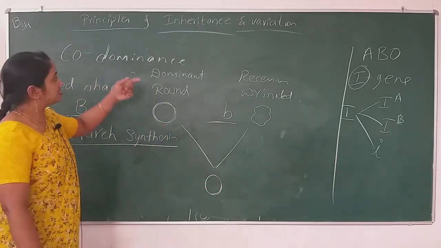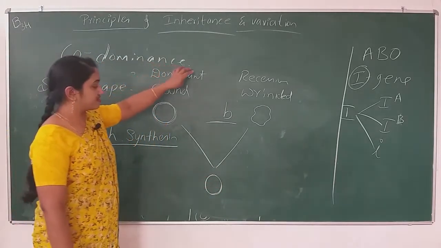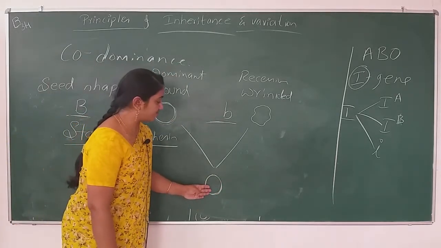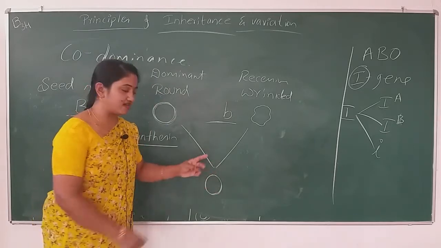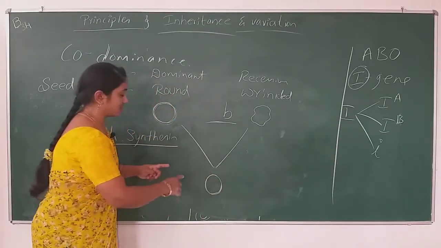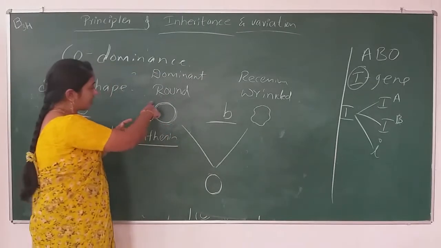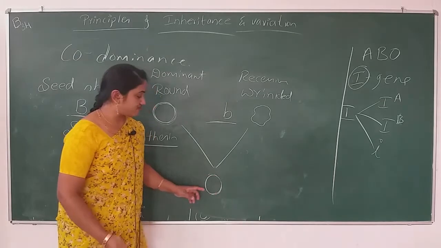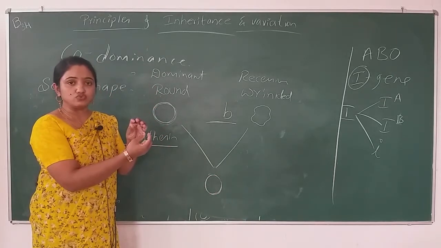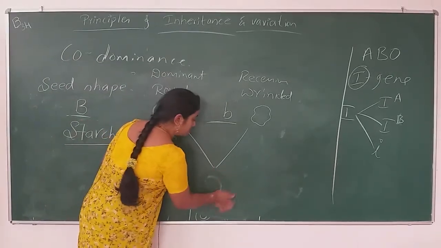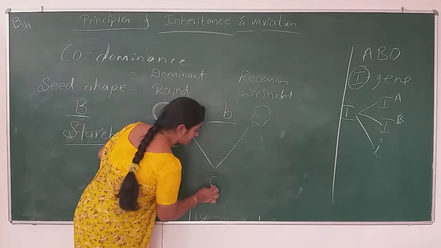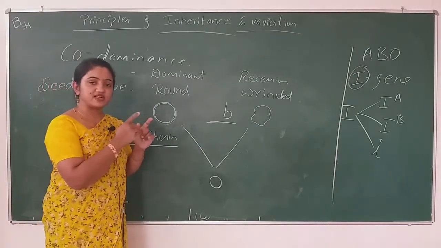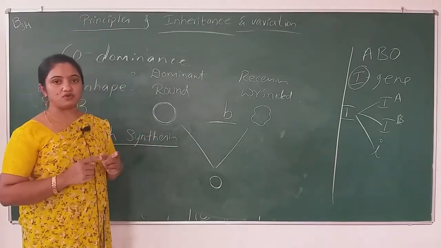We can't describe the codominant character in the F1 generation, because the F1 generation plant also has the same shape, but the size is reduced. It will have small size seeds, but the shape will be round.